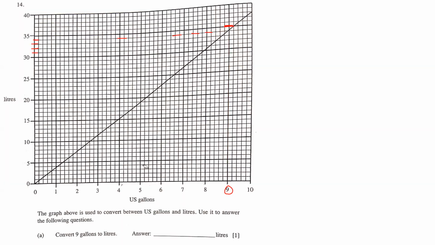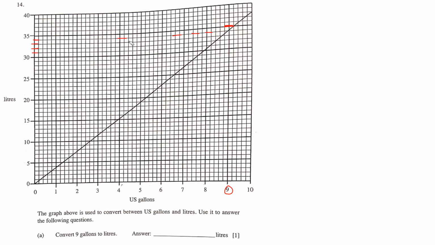It's not exactly on 34. It's like 34.2. If you look at this line, it doesn't exactly reach 34. It's like 34.2, and so the answer is definitely 34.2.